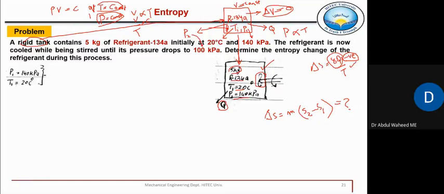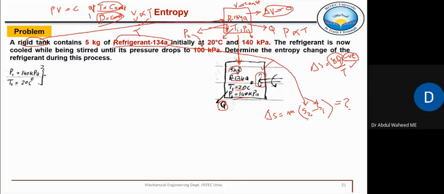These entropy values are tabulated in the form of tables. For example, for steam, if it is water, you have to see the steam table. Now it is not water here, it is refrigerant 134A. So we can see these entropy values from the table of refrigerant 134A.